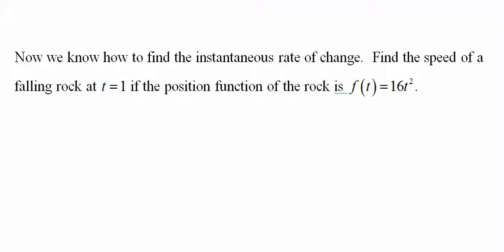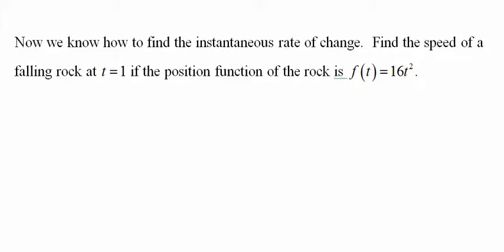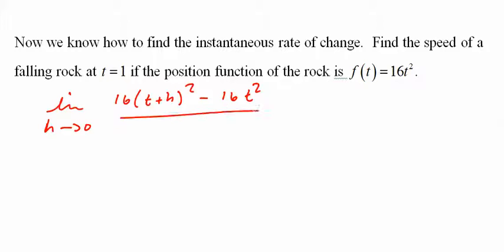So now we know how to find the instantaneous rate of change. Find the speed of a falling rock at t equals 1 if the position function is yada yada. Well, like I said, I like to find the limit and then plug in my value later. So we have 16 times (t plus h) squared minus 16t squared over h. So 16t squared is going to cancel. I'm not even going to bother with that.